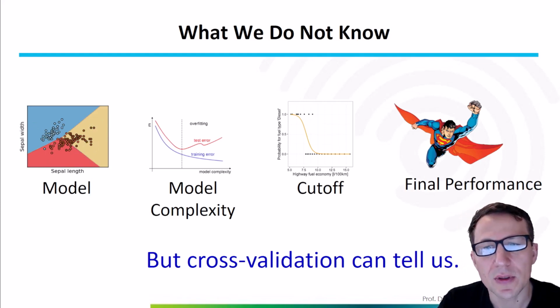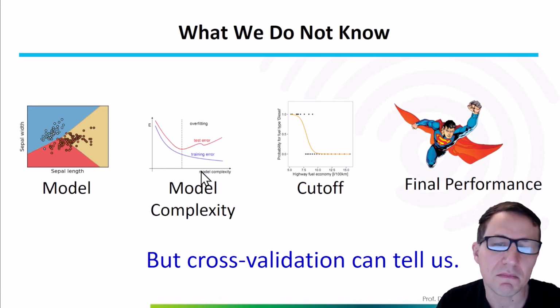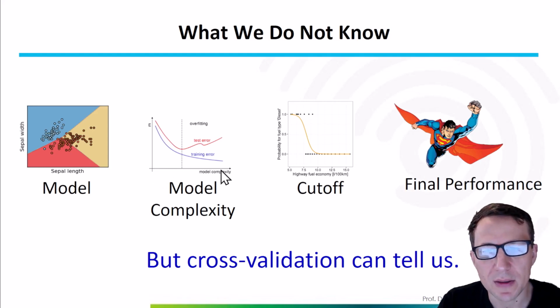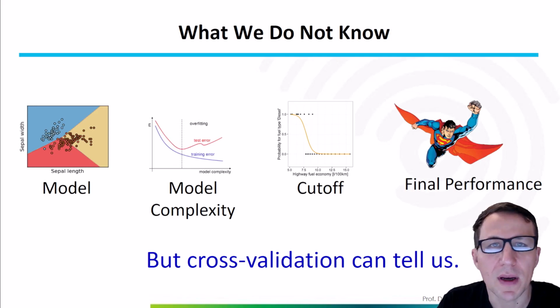Then we can use cross-validation to fit the model complexity. So we do that by varying the model complexity, like the number of parameters in our model, and then perform cross-validation for each set of model complexity, and then look at the test error and see which set of model complexity parameters might minimize our test error.